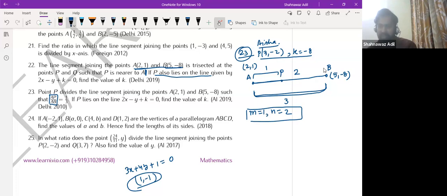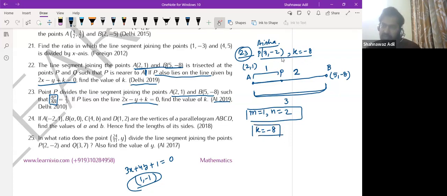In this question, the points A and B are the same, the ratio is 1 is to 2, so it is the same question, and this equation is also the same. So what is the value of k? k is minus 8, as in the previous question.